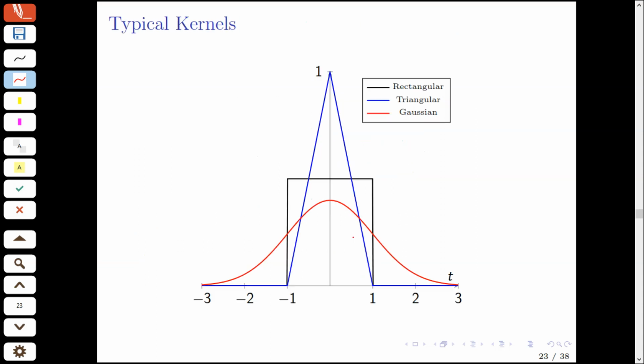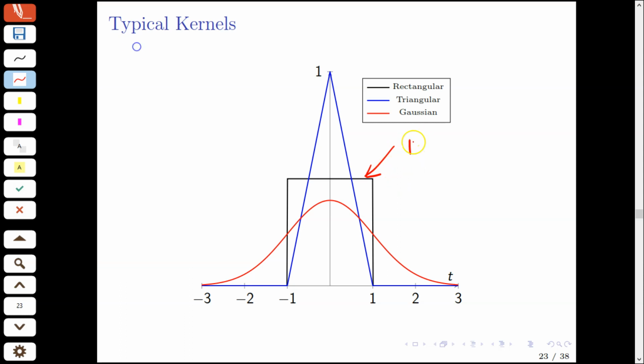Now, typically, while there are many good choices for weighting functions, the following three are representative of the spectrum of weighting functions. Initially, we considered a binary weighting function, which attached 1 to observations within the window of opportunity and 0 otherwise. And these binary weights arise from what we may think of as a rectangular weighting function.